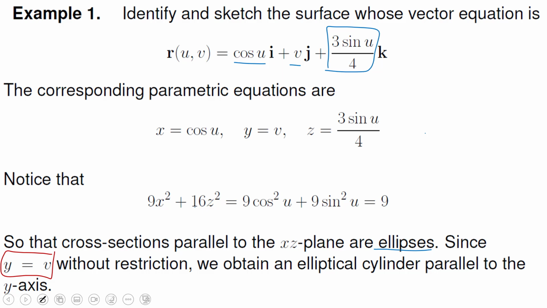So you have an elliptical cylinder parallel to the y-axis. Why parallel to the y-axis? Because y is constant. Without changing the parametric into the original rectangular coordinates, you cannot tell what this represents. So I make the conversion from the parametric into the rectangular coordinates to see what this parametric equation represents.